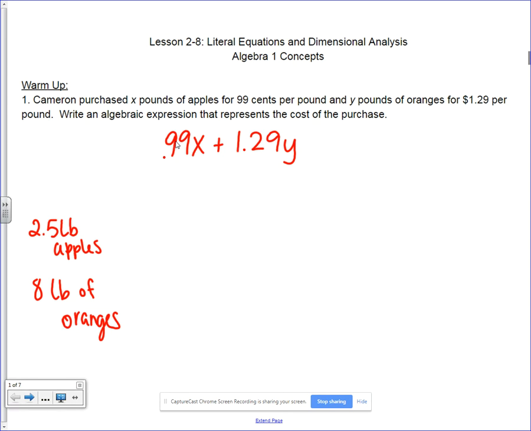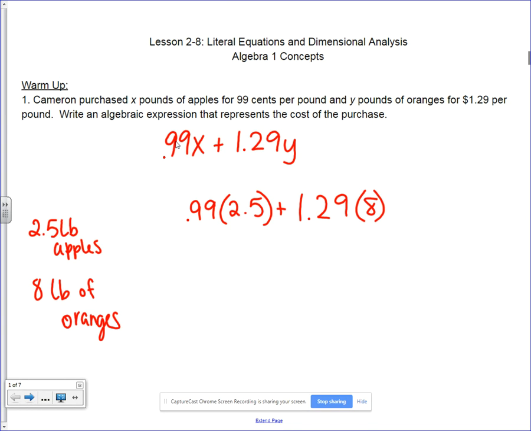What are you doing with those numbers? Plugging them in for the variables. So what should you be typing into your calculator? Good. How many pounds of oranges? 8.